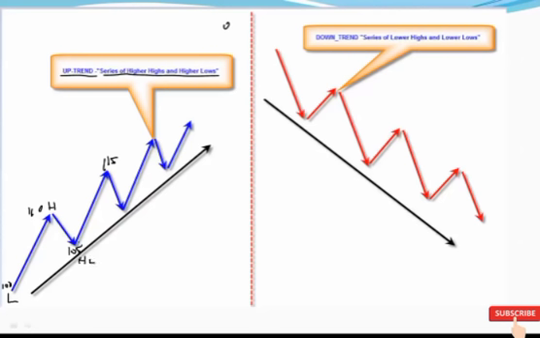So essentially, once you start developing these higher highs and higher lows, that starts establishing a trend. Now, if the market was going down in a downtrend, and then you have this occur, that doesn't necessarily mean that that's a trend up.